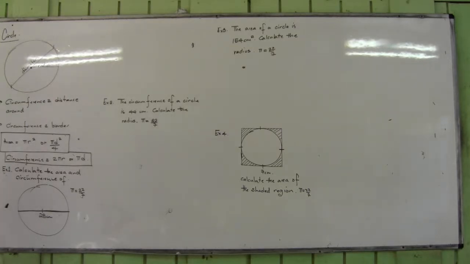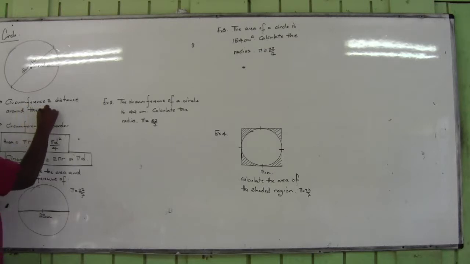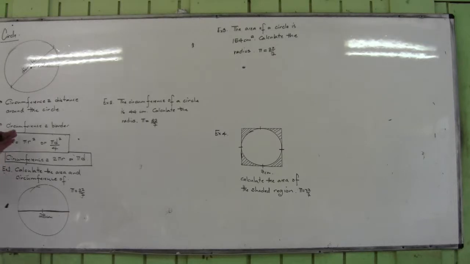Now, the circumference of a circle is the distance around the circle. Sometimes people equate the circumference with the border. So for radius, sometimes people would say it's the distance from the center to the circumference.